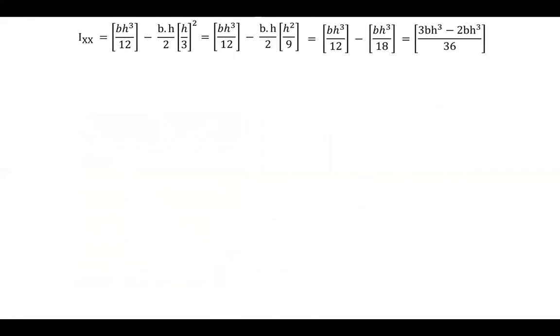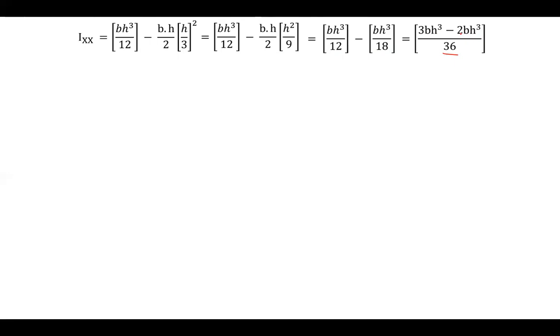So further simplification, it will become bh cube by 12 minus bh cube by 18, and then if you take LCM, it will become 1 by 36. 12 into 3 is 36, so 3 bh cube, and 18 into 2 is 36, so 2 bh cube.